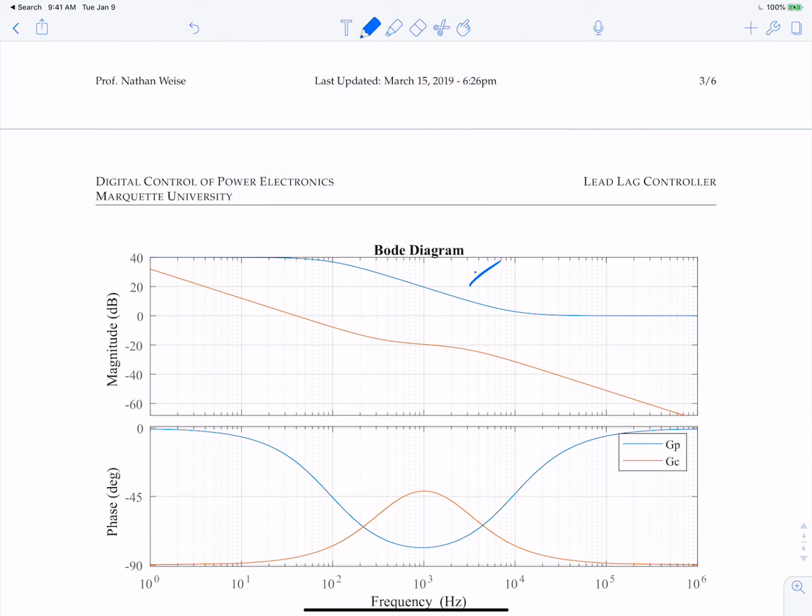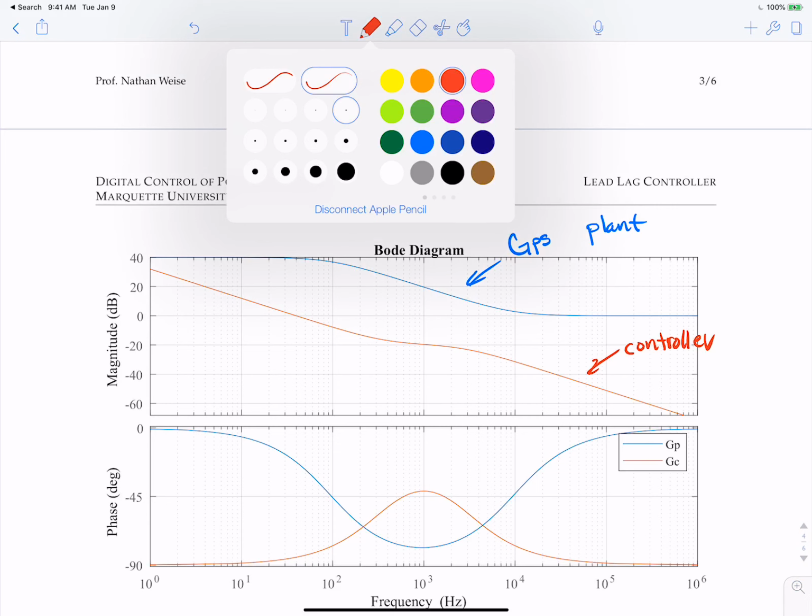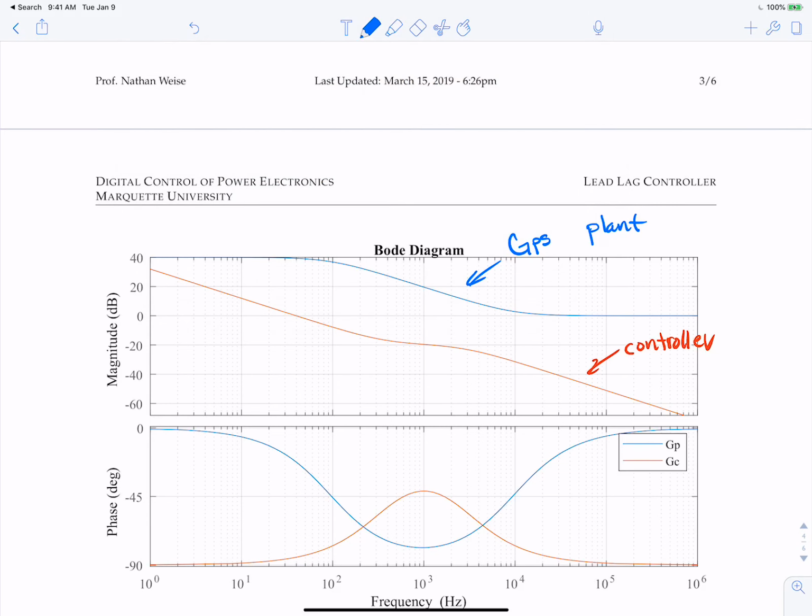First, remember I have this up here. Blue is the plant, so that's Gp(s), aka the plant. In red, we have the controller. And let's check something out. If we added these two together, remember this is in dB, so if we multiply them, you add in dB. If we multiply their gain unitless, we would add. So check this out.